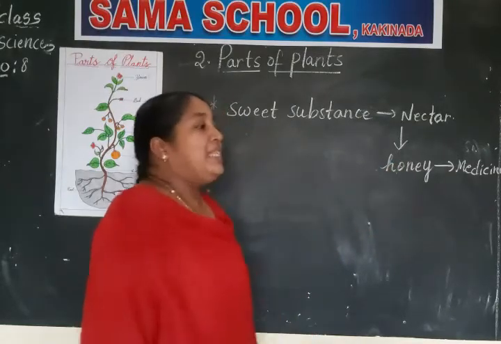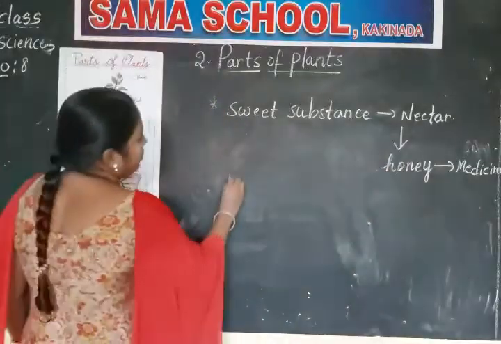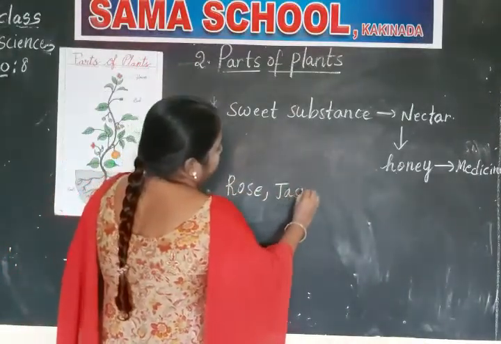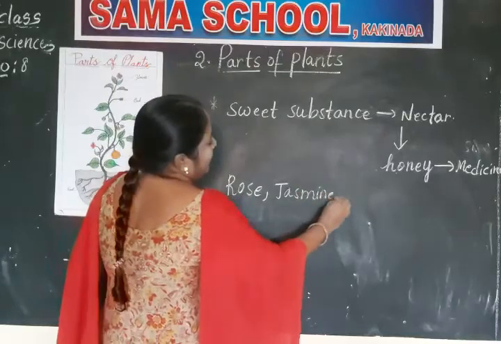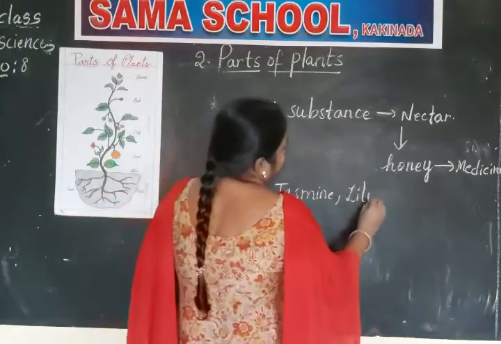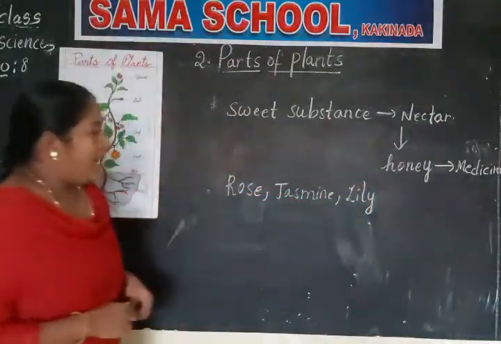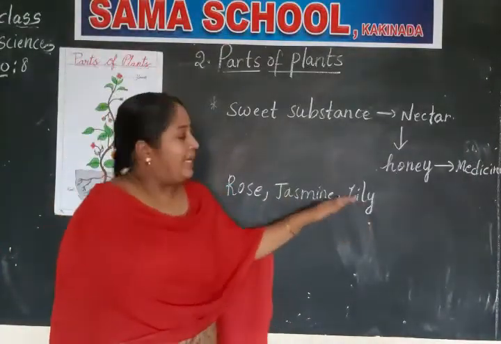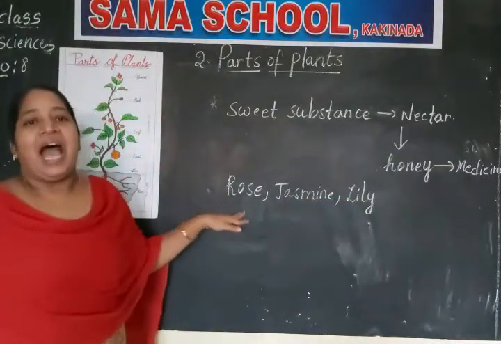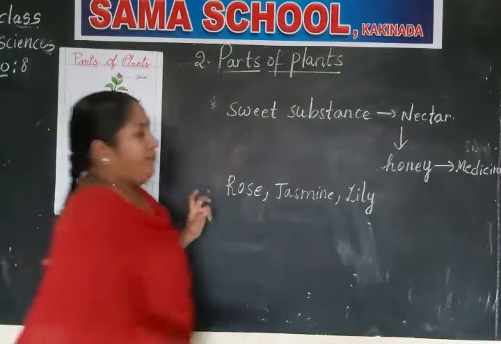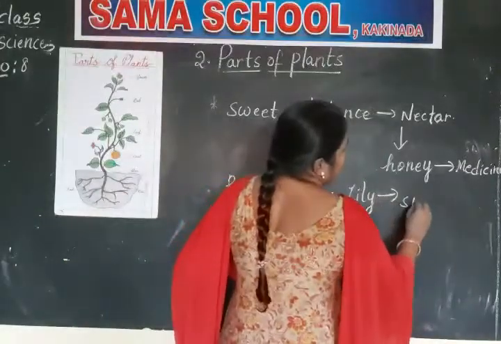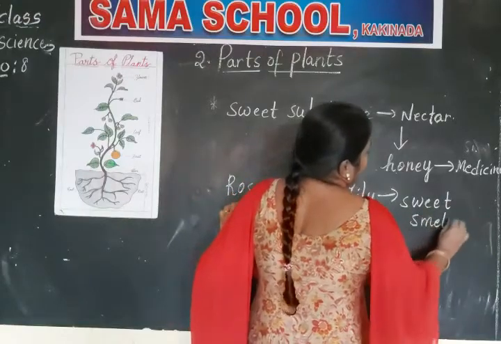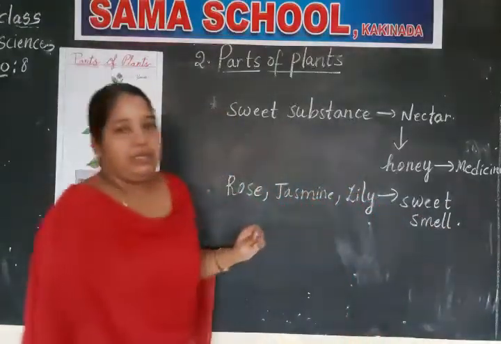Clear, children? And some plants like rose, jasmine and lily. What are the examples of flowers, children? Yes, rose, jasmine, lily. These types of flowers have a sweet smell.